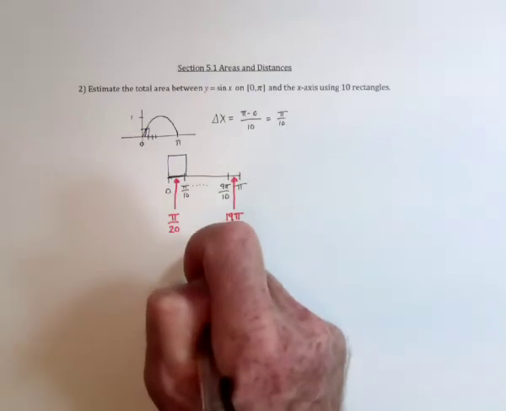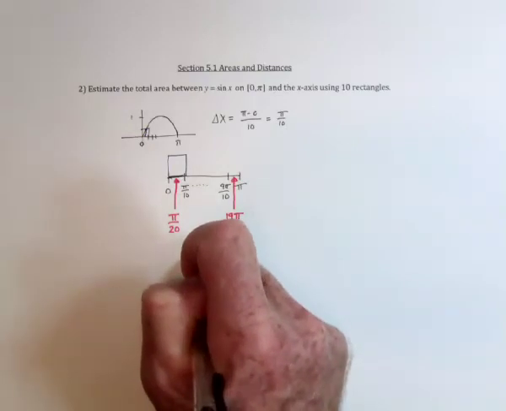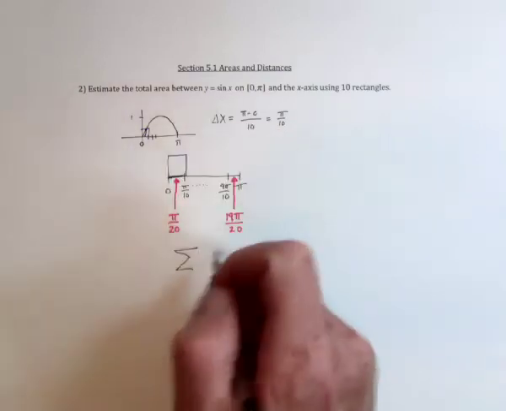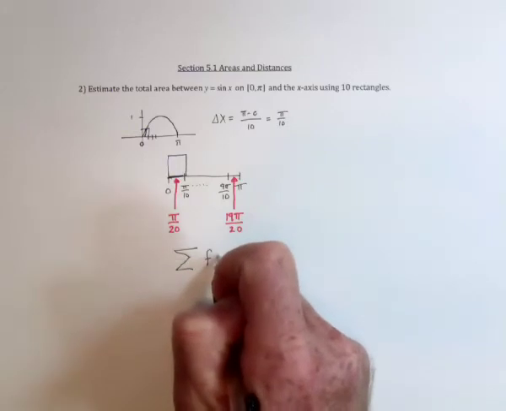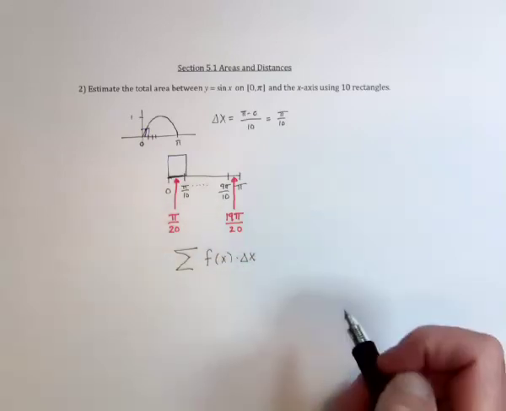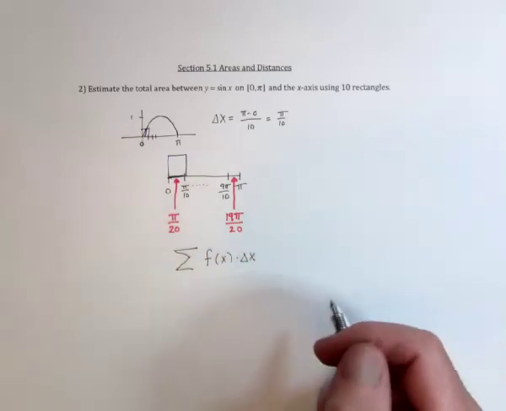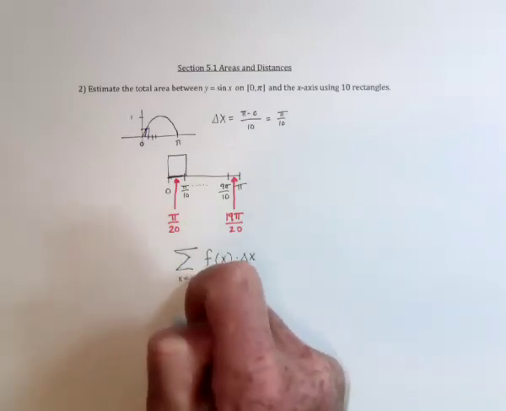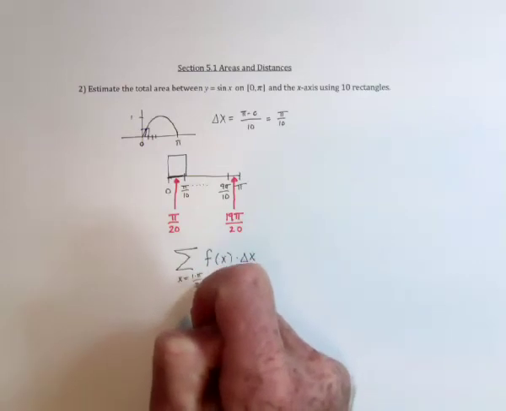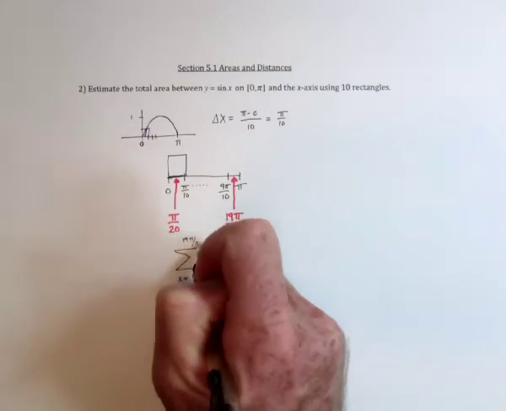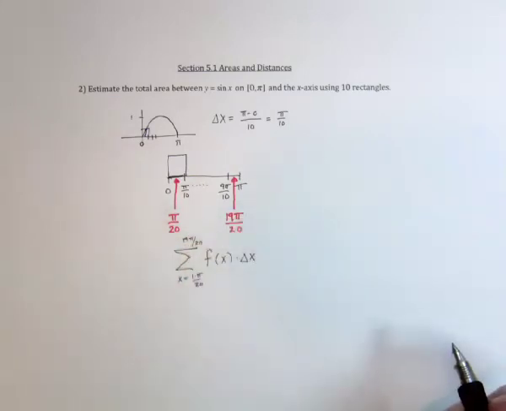The mathematical notation for it would be take the sum, and instead of using y, I'm going to use f of x times delta x. And this x is going to have to start at 1 pi over 20, and at 19 pi over 20 would be the ending, and these would have to be odd numbers.